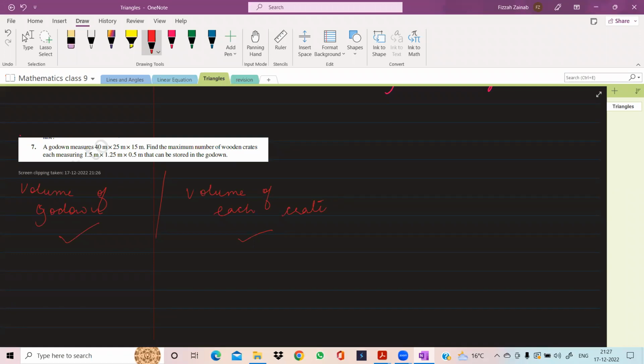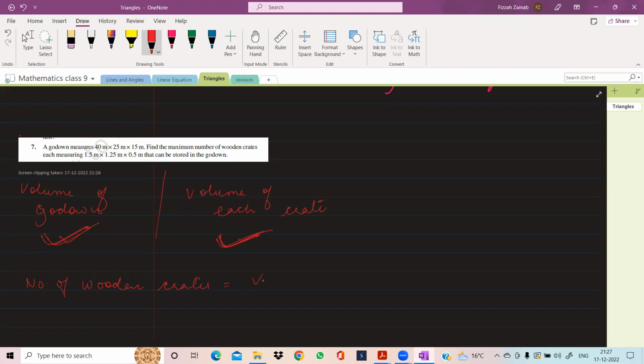Now, find the maximum number of wooden crates. So how many wooden crates can fit inside the godown? I'm just giving you how to find it. This complete space, you will divide by the space of one crate, and this will give you the number of crates.